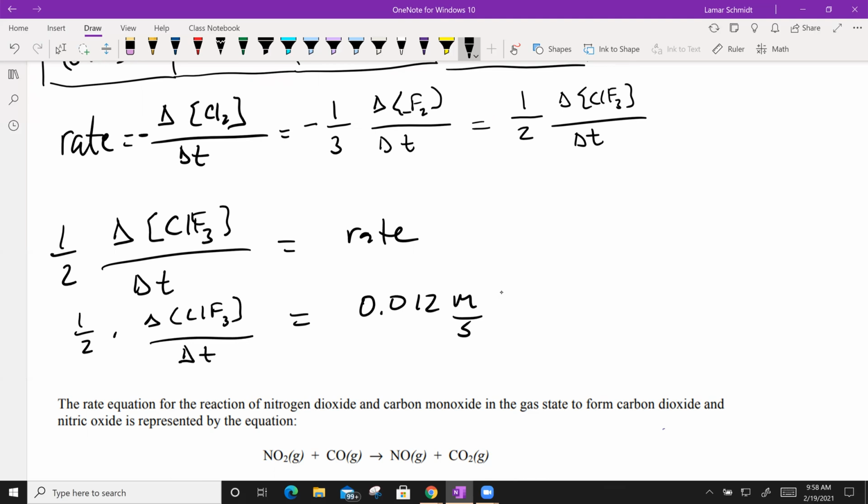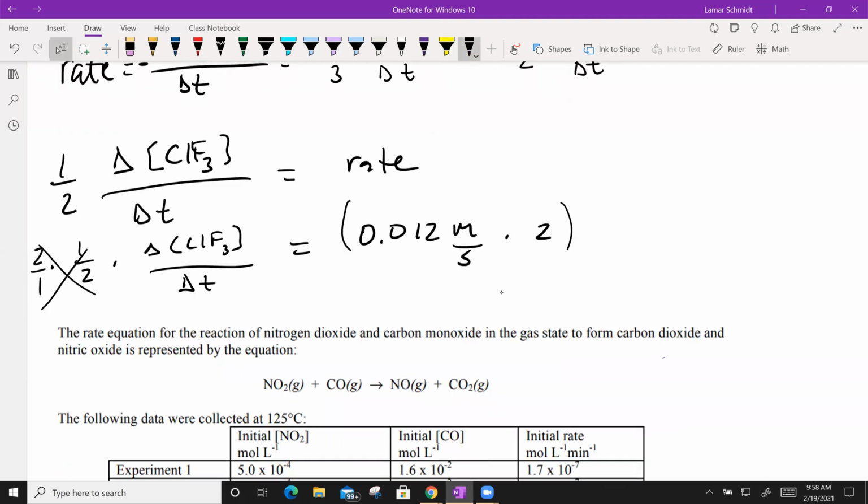And it doesn't really matter where you multiply from. You multiply from here, the inverse of the fraction, which is 2/1 or 2. And what that does is that cancels that, and it makes it 1. And you have to do that on both sides. All right. So you multiply this side by 2. And so then what you're left with, and I'm running out of room here, is the change in concentration of ClF3 with regard to the change in time is equal to 0.024 molar per second.